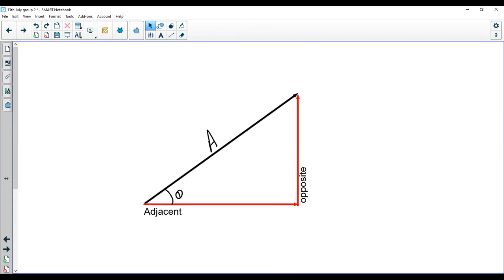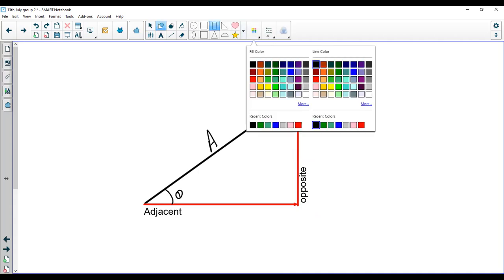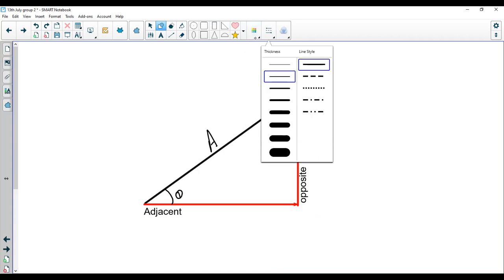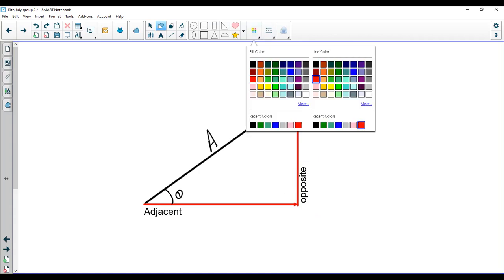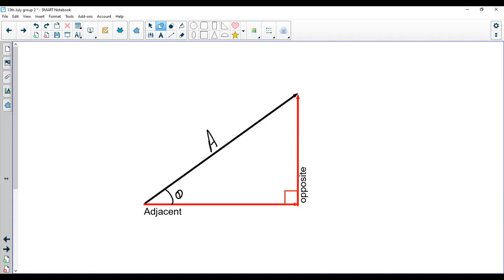The other thing is the 90-degree angle. In this case, the 90-degree angle is between the red lines, the rectangular components. So remember, the side opposite to 90, not opposite to theta, the side opposite to 90 is the hypotenuse.